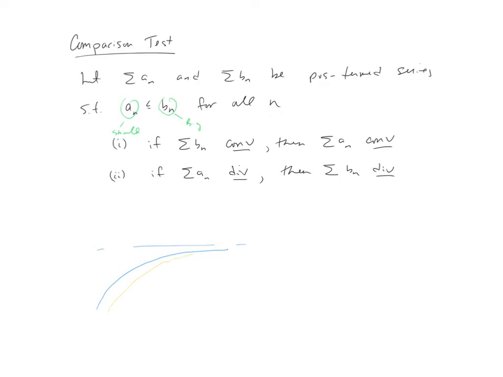It wouldn't be able to get above it, so it would have to converge. A similar argument can be made down here. If A sub n, which is the smaller one, diverges, the B sub n, which is supposedly bigger than it, would also have to diverge. It wouldn't be able to cross back in and settle and have a limiting value.